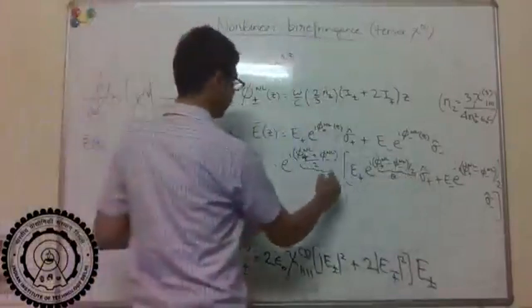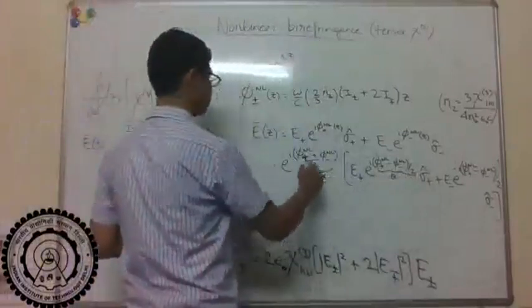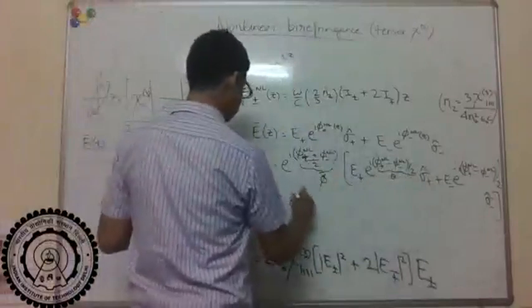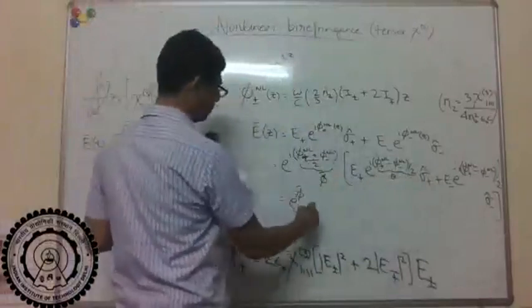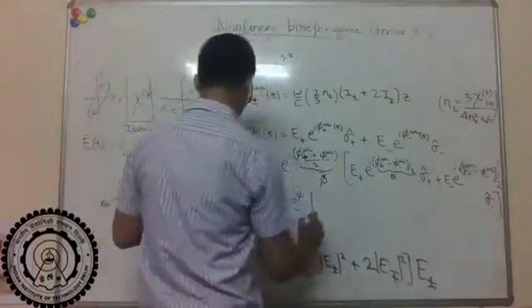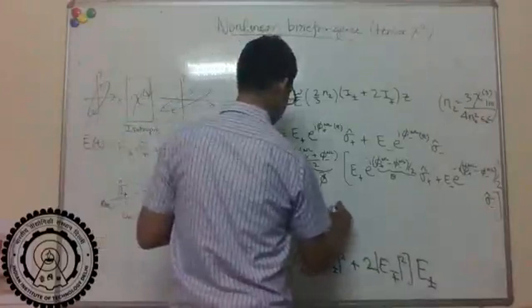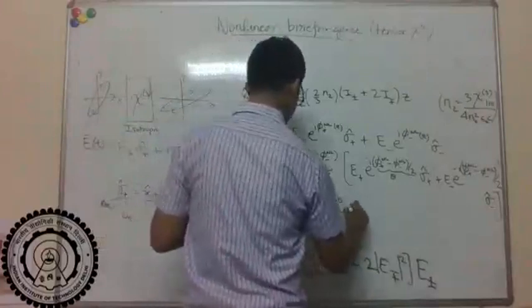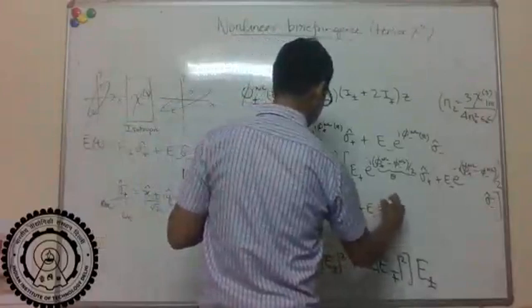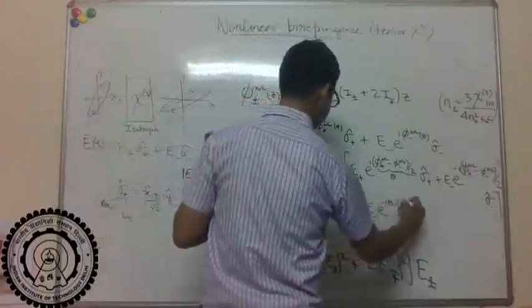And this is some average phi bar, phi plus plus phi minus over 2, which is some global phase that is irrelevant. And then here this is E plus e to the i theta sigma plus, E minus e to the minus i theta sigma minus.